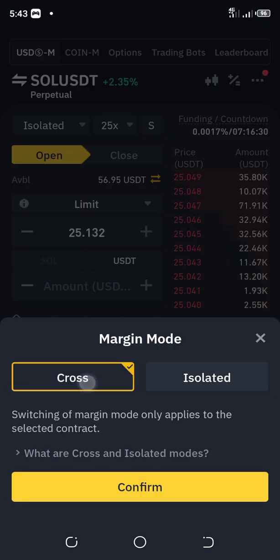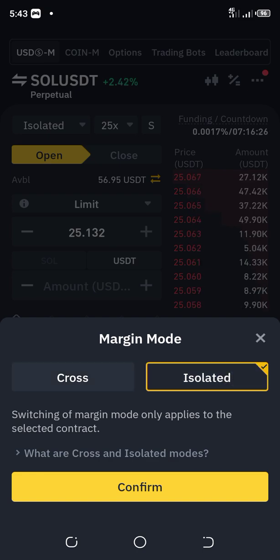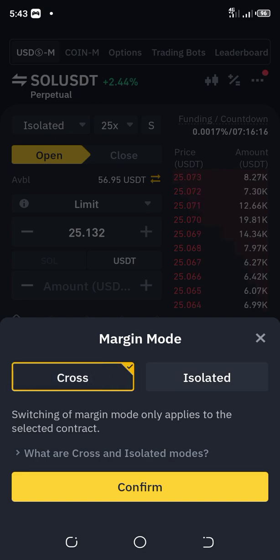This is margin. Now, I advise you to always use the isolated margin, and this is because it gives you the advantage of using only the capital you are coming into the market with. If you change this to cross, it simply means you want to use more than the capital you placed on that trade, and if you get liquidated, you will simply cross over to use your remaining available balance.